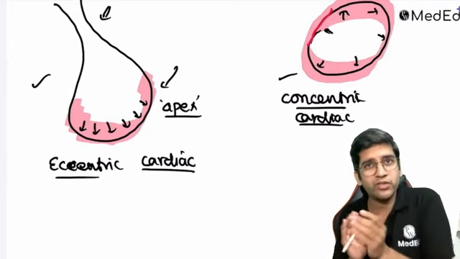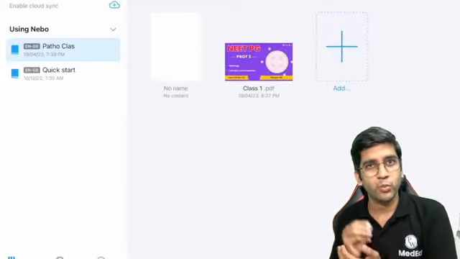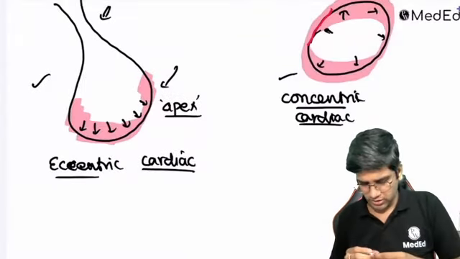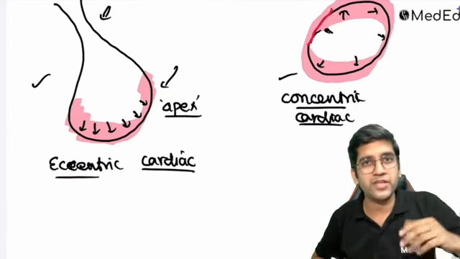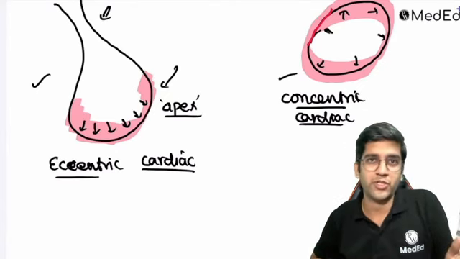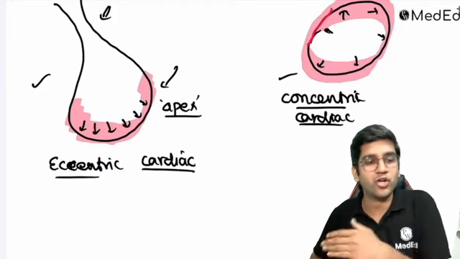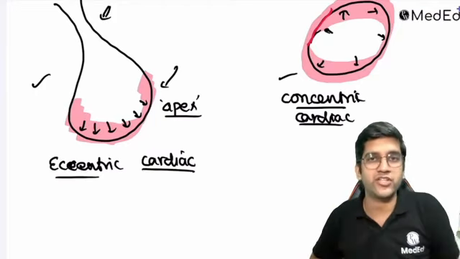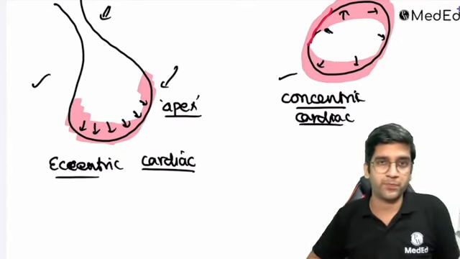Will it narrow down the orifice, your chamber? Will it reduce the cardiac output? It will reduce the cardiac output, right? If it reduces the cardiac output, will the patient have cardiac failure? Patient will have. That's why hypertension in the long run, if it is not controlled properly, might lead to congestive cardiac failure, where my cardiac output will become less because of this problem.